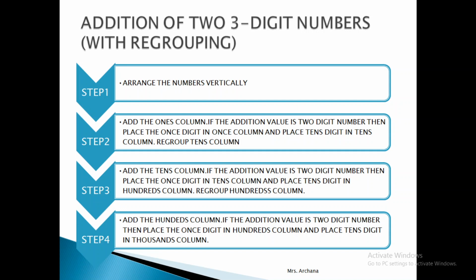Regroup the hundreds column. Step 4. Add the hundreds column. If the addition value is a 2-digit number, then place the ones digit in the hundreds column and place the tens digit in the thousands column if there is one.